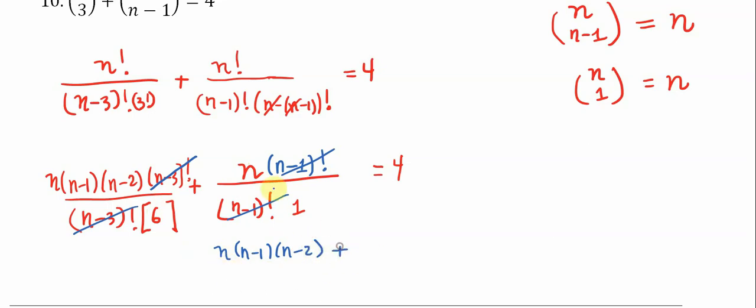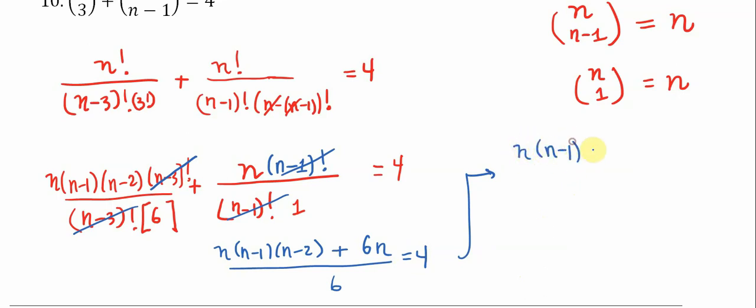And over here, I'm going to multiply the top and bottom by 6, so this is going to be 6n, all of this over 6 is equal to 4. Let's continue. We multiply both sides by 6, and we end up with n times n minus 1 times n minus 2 plus 6n is equal to 24.